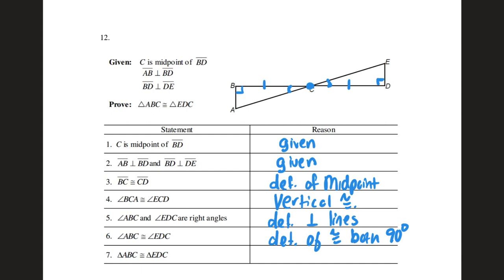So we have the angle, included side, and then angle. The two triangles are congruent because of the corresponding angle, the included side, and the corresponding angle, and it's called the angle, side, angle postulate.